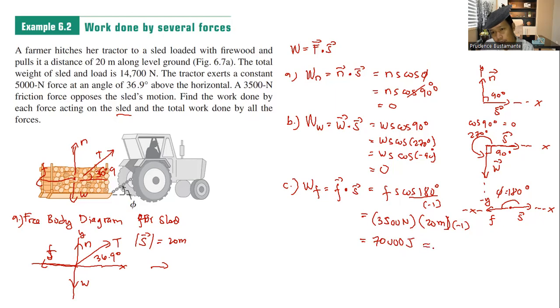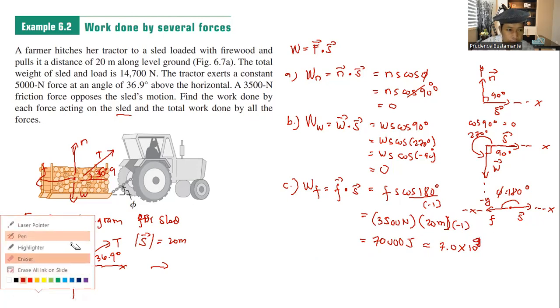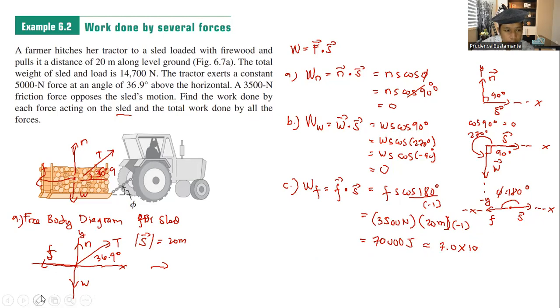In two significant figures, 7.0 times 10 to the 4 joules. However, this is negative because we have -1, so this is negative 70,000 joules.